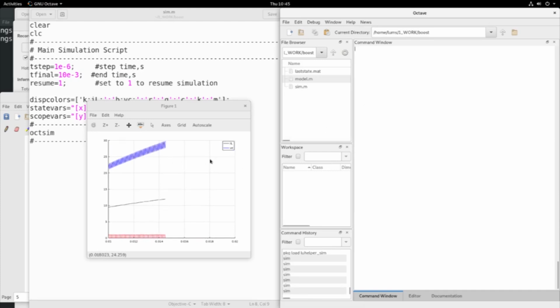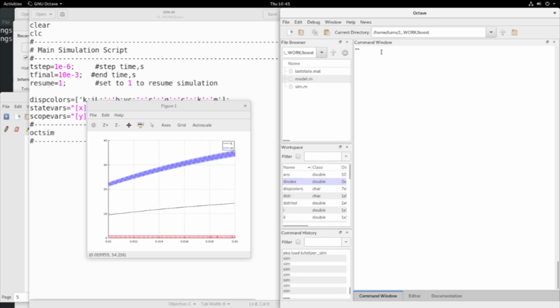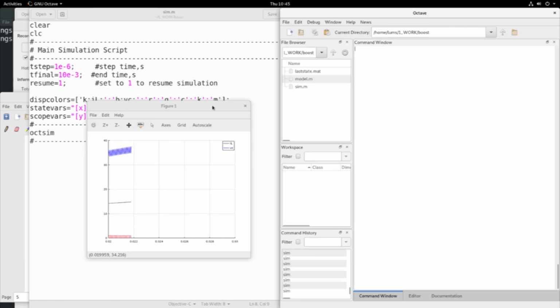and probably depending upon the time constants of the system, you will reach the steady state after a few more resume commands. So for example, I can still continue, resume is still 1, I will continue, so it will continue from that, and now almost it is reaching the steady state.